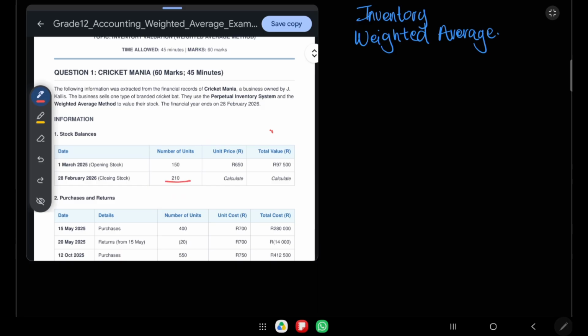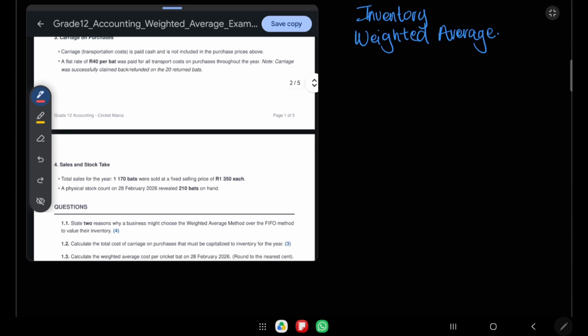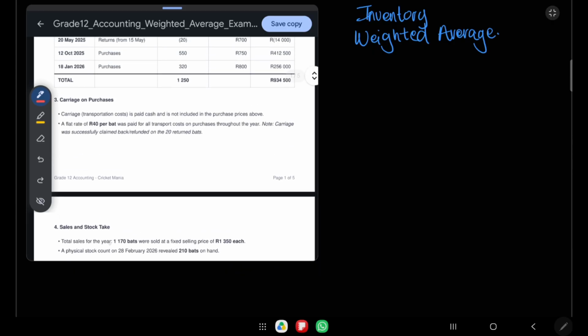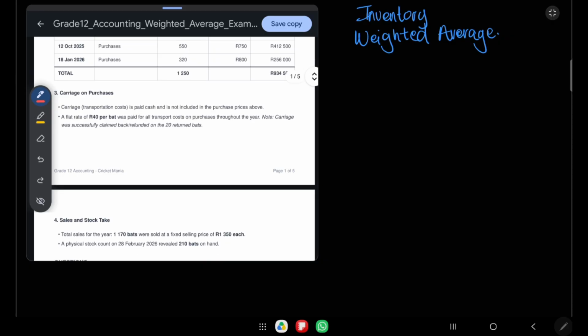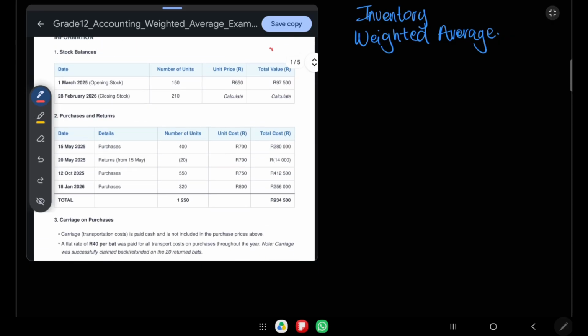This has to be your closing stock, because those are the items that you didn't sell. What else do we have? The total sales for the year, 1,170 bats were sold at a fixed selling price of 1,350 each.